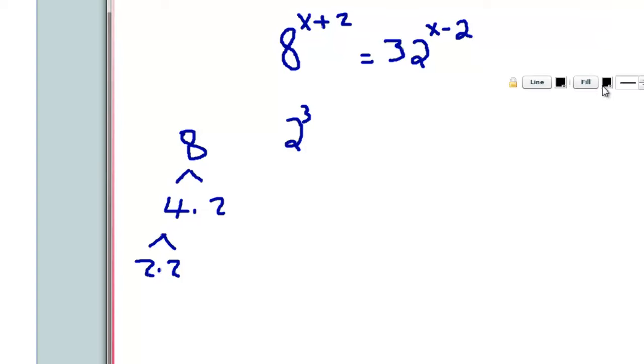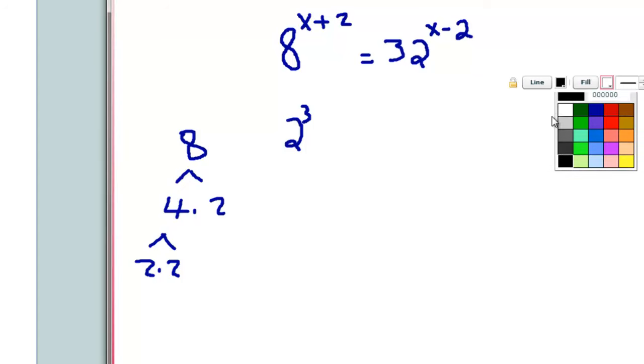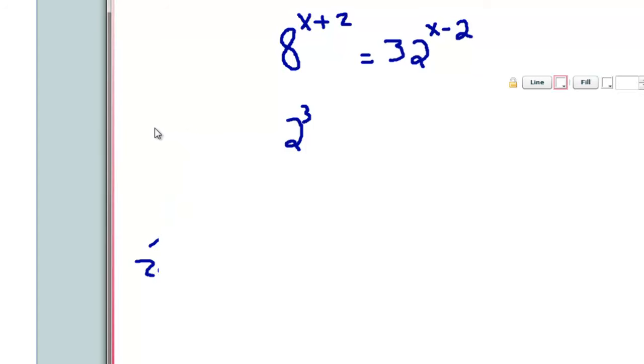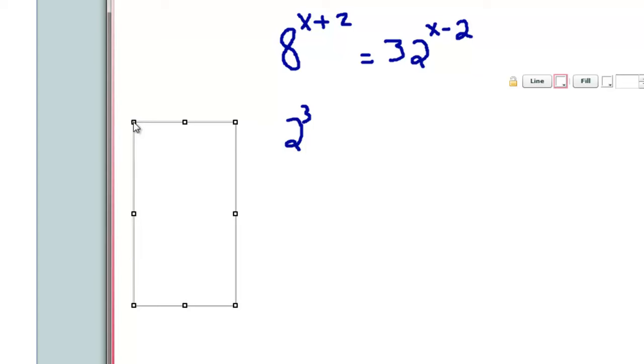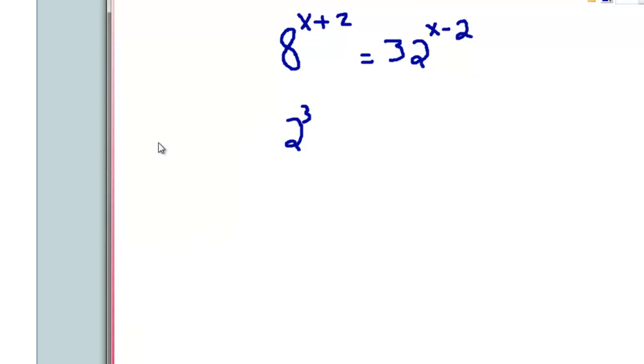Well, let's clear this out here, and let's try the 32. So let's break 32 down to see if we can get something similar. 32 breaks up into, let's see, 8 times 4. Well, I already know 8 is 2 to the 3rd power, so I'm going to just bring that down as 2 to the 3rd power.